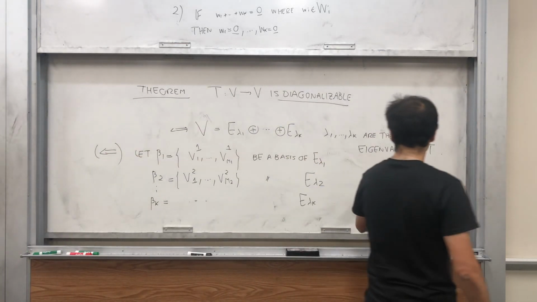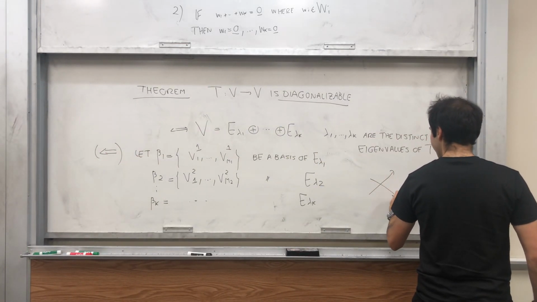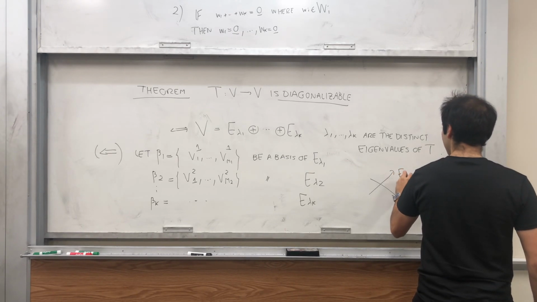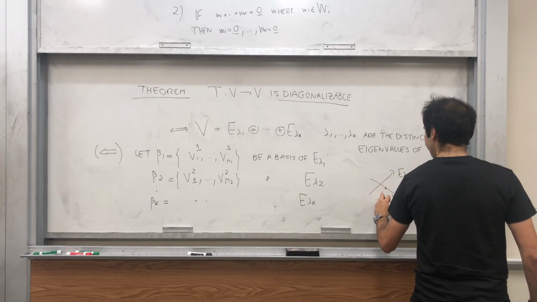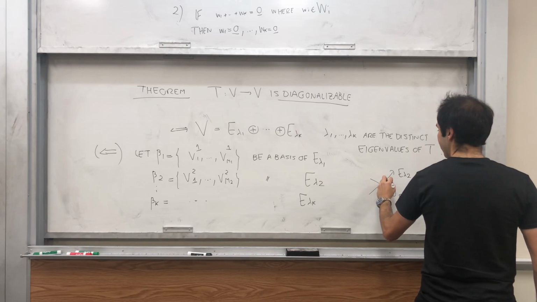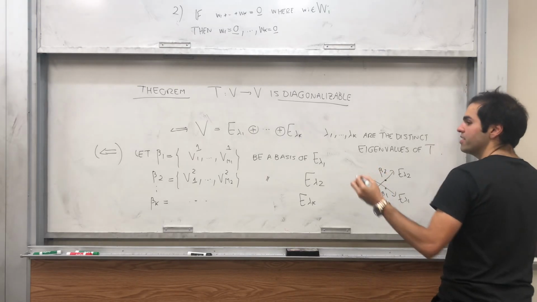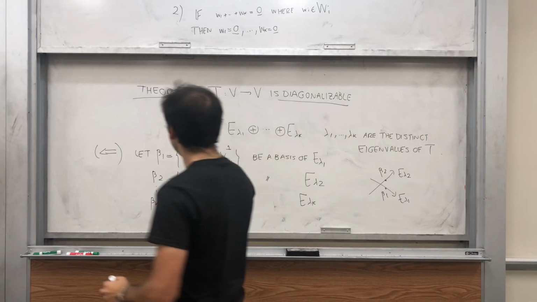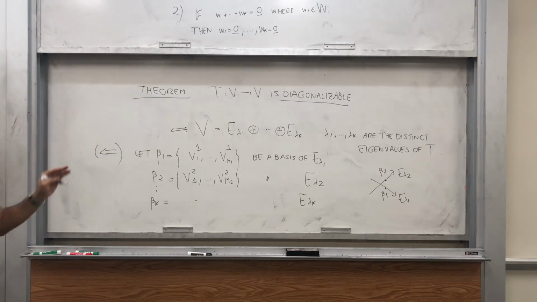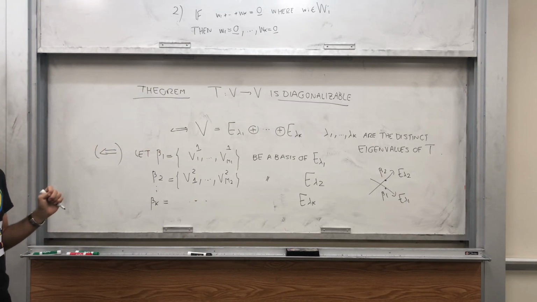So again, in terms of our picture, if you have E lambda 1 and E lambda 2, you can have a basis beta 1 of the first axis, beta 2 of the second axis, and how can you find a basis of eigenvectors? Well, just put all of them together.